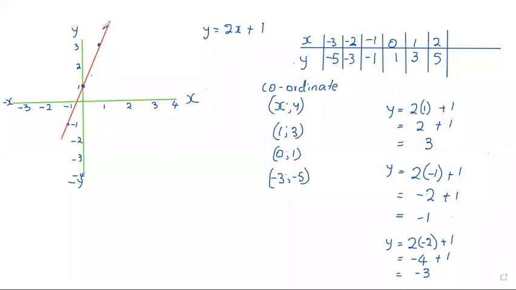Now, it continues that way. And then this can be written as y is 2x plus 1. That is your graph there.